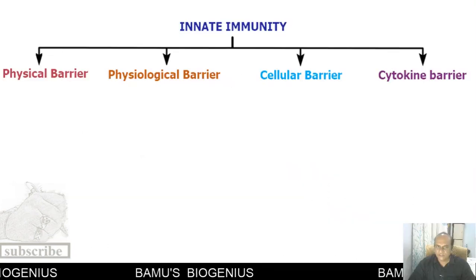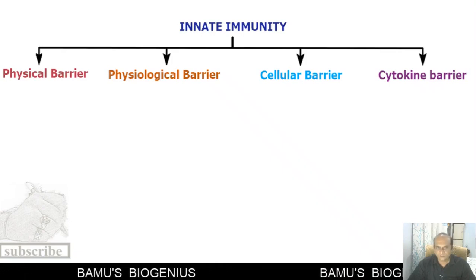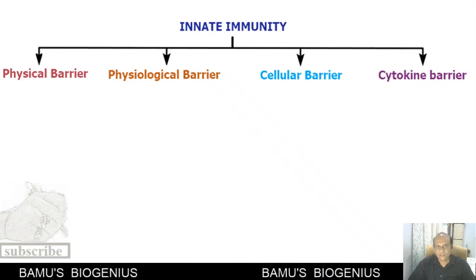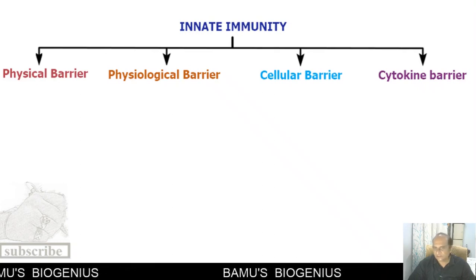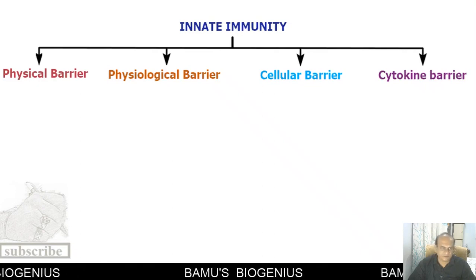Now, as we know, the innate immune system is a kind of defense mechanism. It creates different kinds of barriers against microbes: physical barriers, physiological barriers, cellular barriers, and cytokine barriers. We will discuss the physical barrier first.